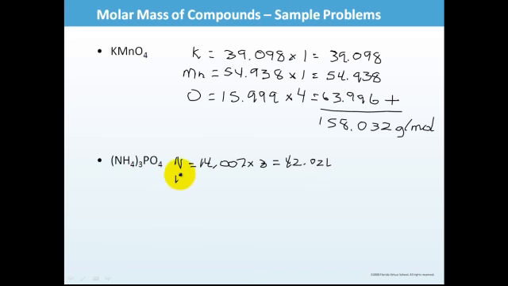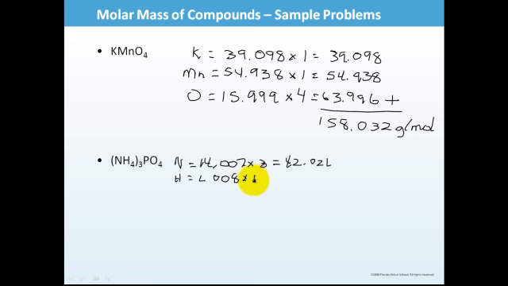Okay, next one is hydrogen. The periodic table tells us hydrogen is 1.008. And again the subscript there is a 4. Multiply that by the 3 outside.